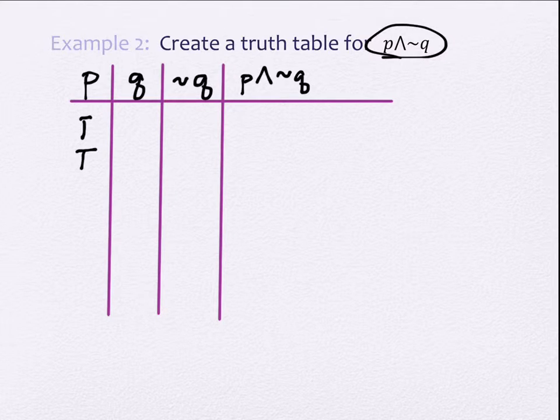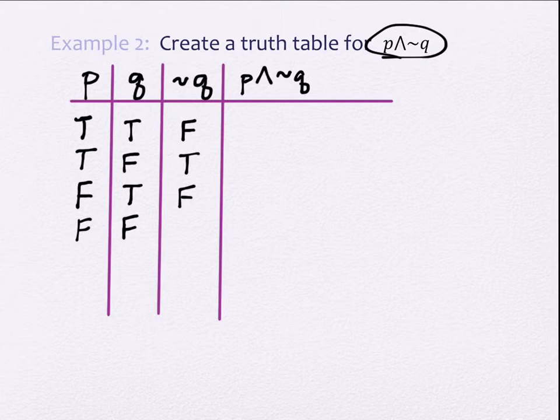True, true, false, false; true, false, true, false. Always the same. Tilde Q. We haven't done this with a full Q column yet, but we talked about what happens. If I have this column for Q that says true, false, and I'm doing the column for not Q, what am I going to have to do? Good. I'm going to switch all of them. I'm going to say false, true, false, true.